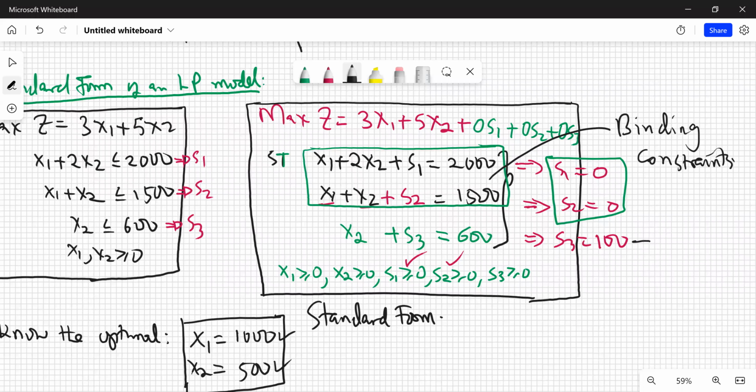And then the other one, if the value of the slack is non-zero, you say this is a non-binding constraint.